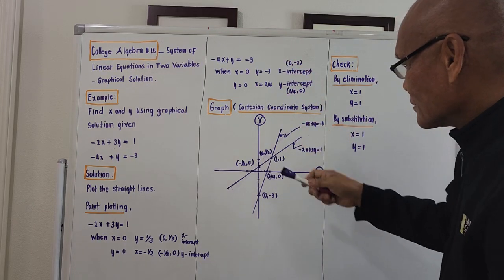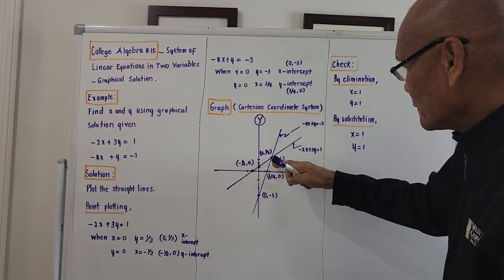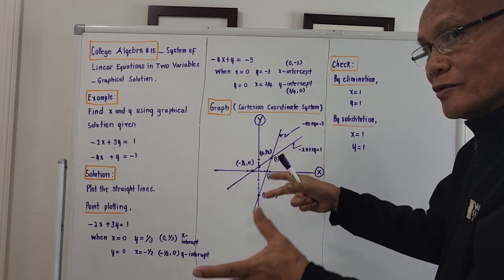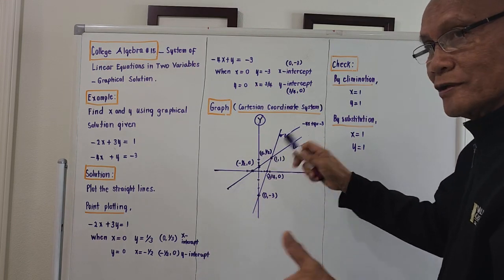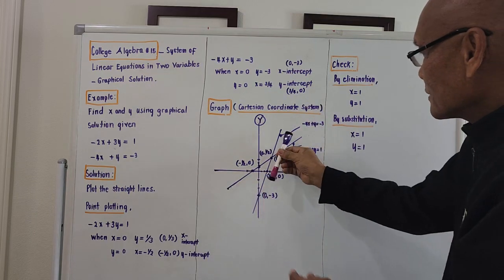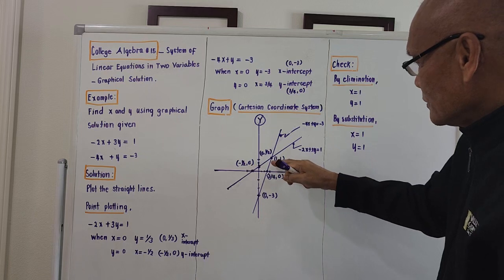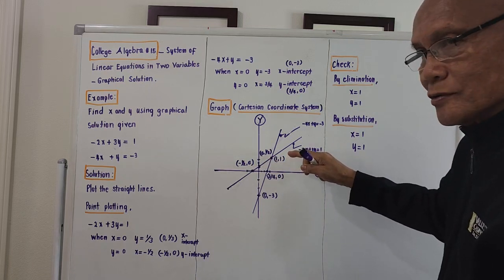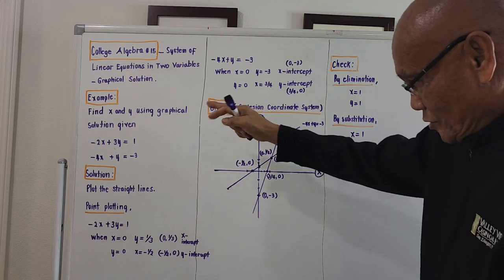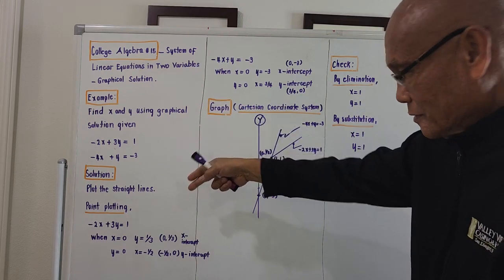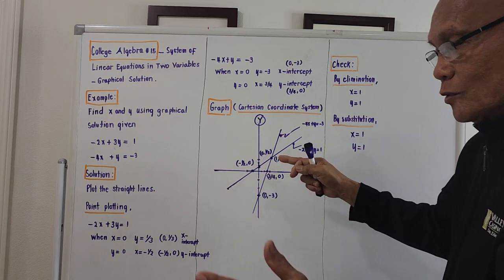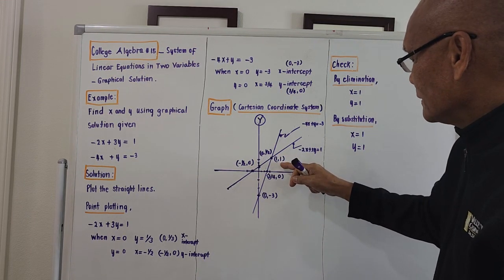The problem is asking for the point of intersection, which is actually the solution of the two linear equations. Here we could visualize that the solution to the given example is (1, 1). But we could verify this.